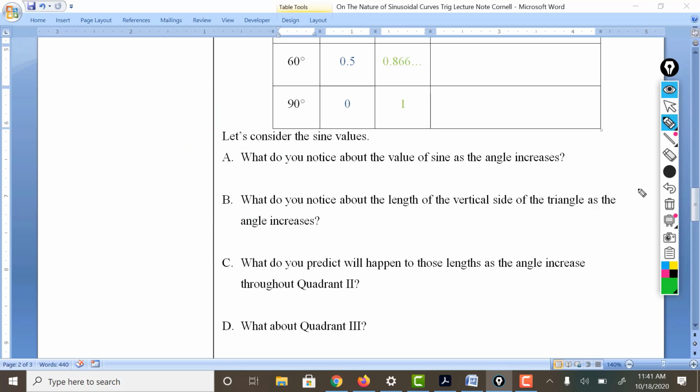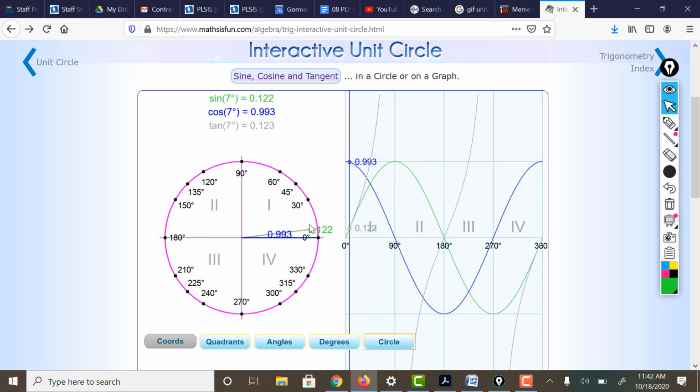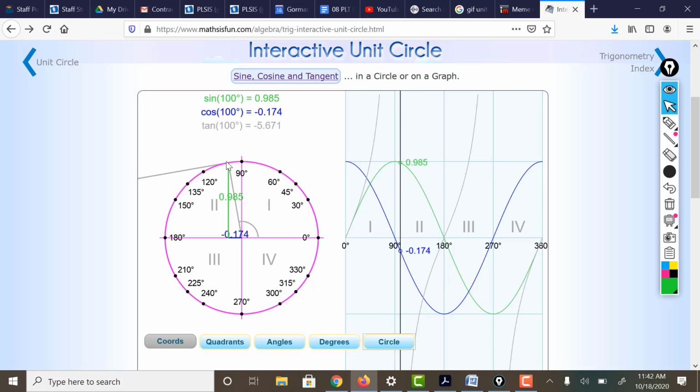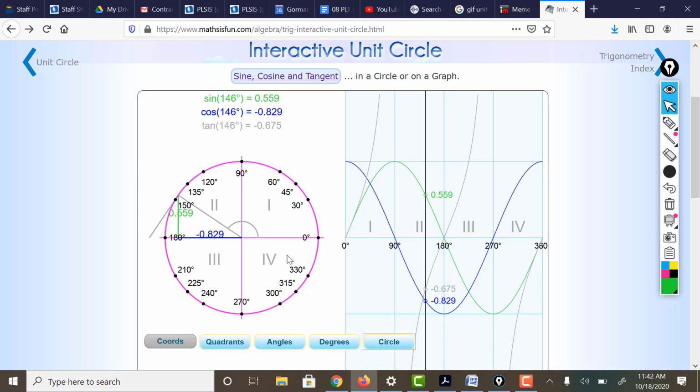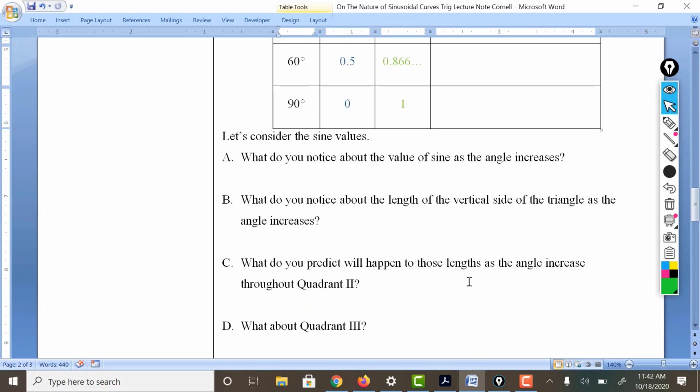What do you predict will happen to those lengths as the angle increases throughout quadrant 2? We saw, and if you need to go back, you can, that in quadrant 2 those y values were decreasing. Those sine values were decreasing. And again, we're talking about the sine values. What about quadrant 3?